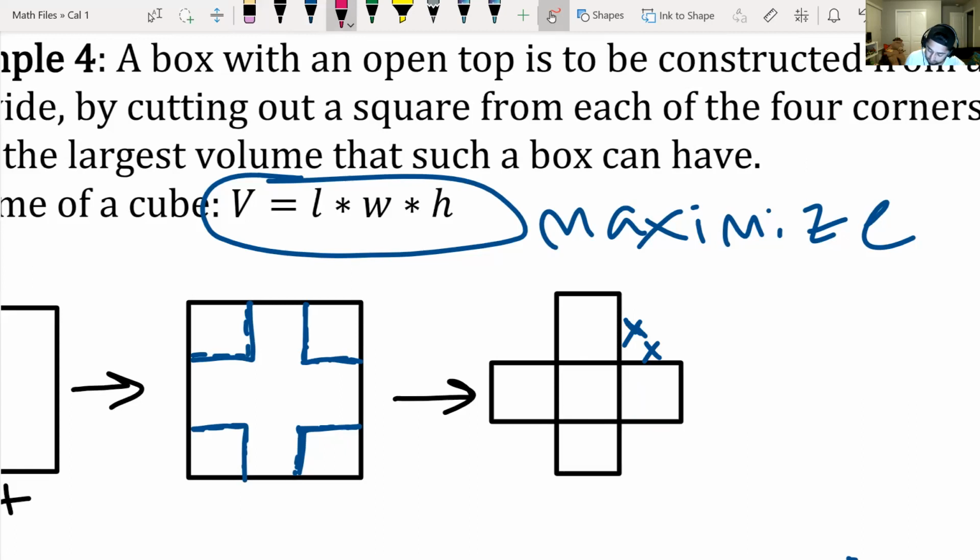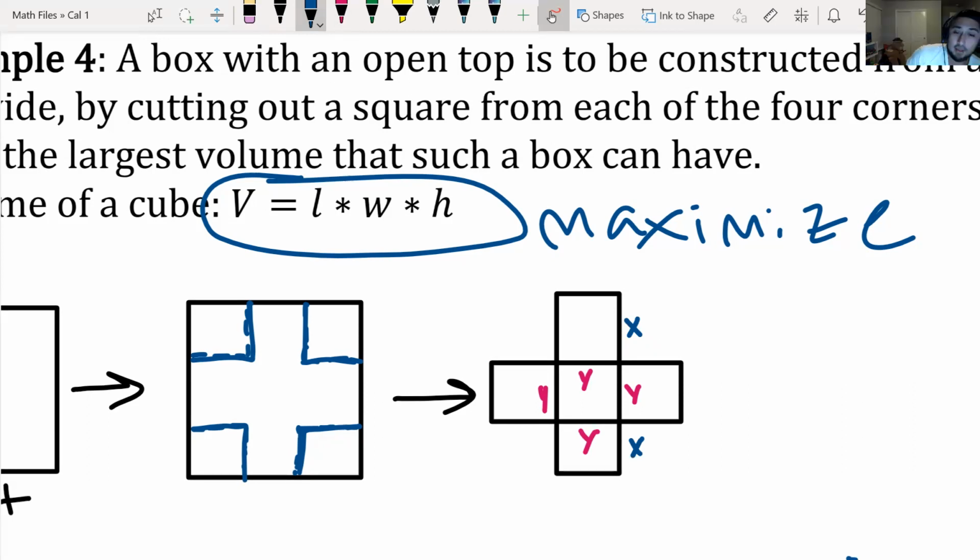I want to make this labeling as clear as possible. So this is x, that's y, this is x. There we go.